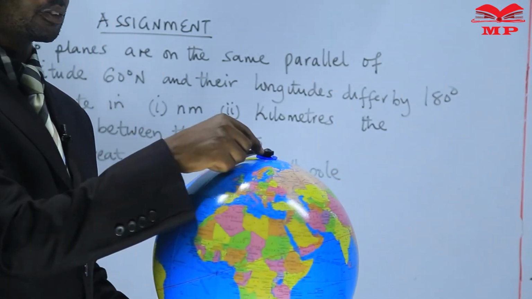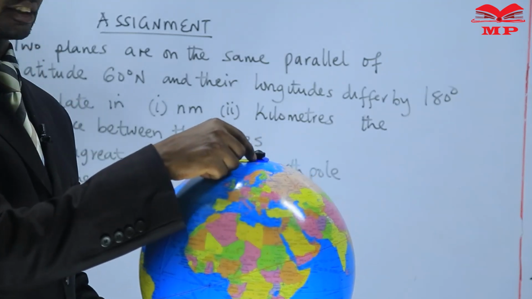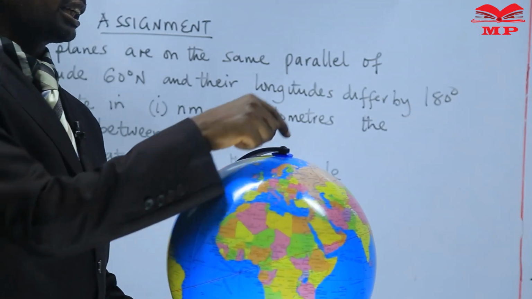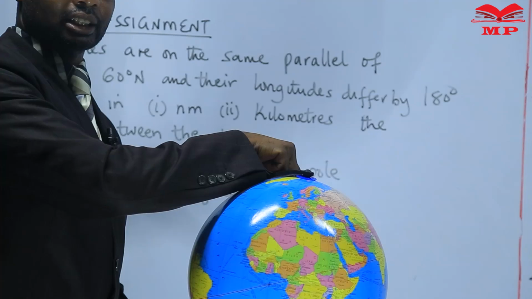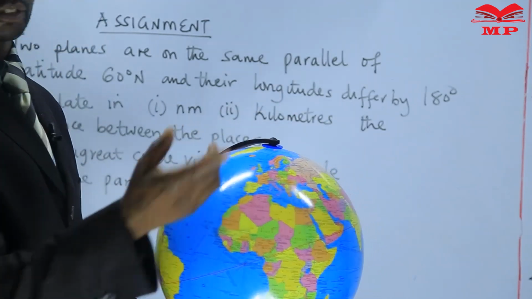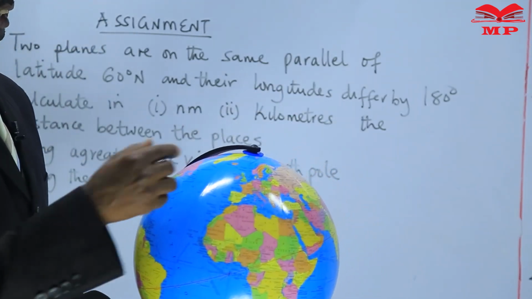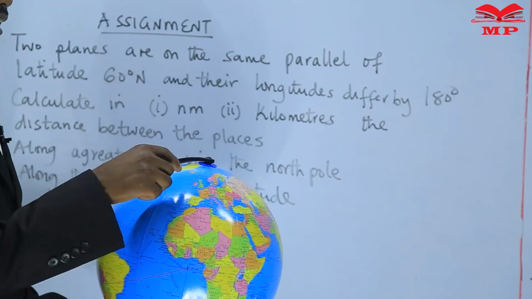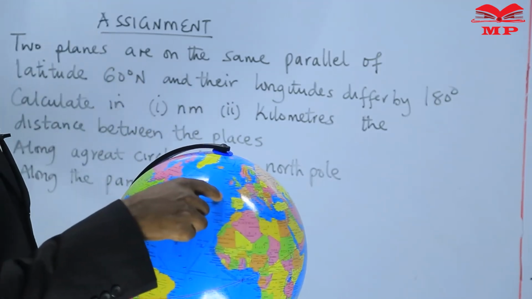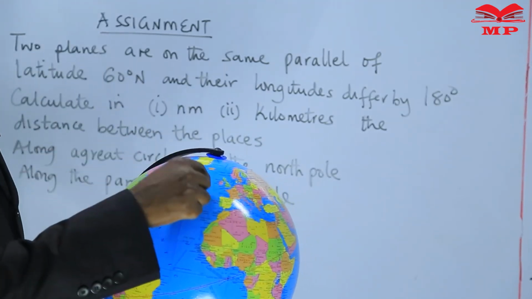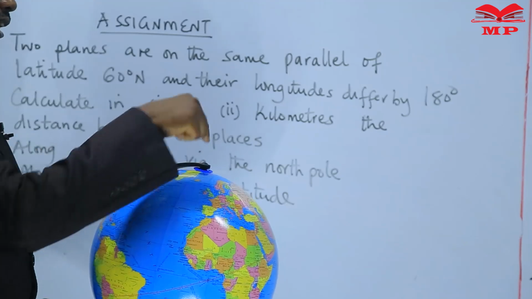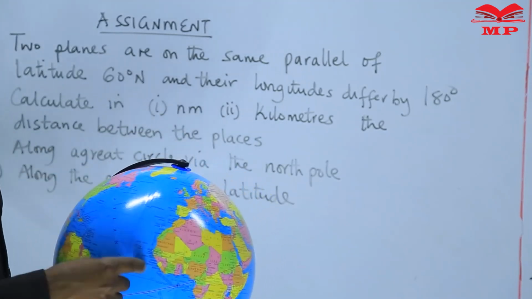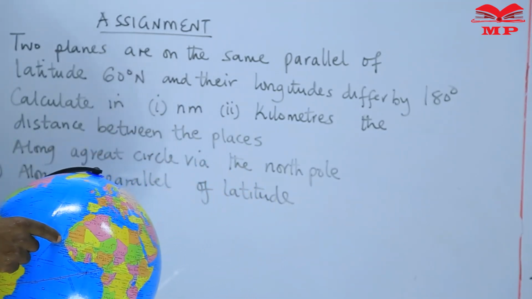So when you move up to there, the difference is 30 degrees. To move from 90 again to 60, to be directly opposite this place, you'll move through 30. So that will help you to get the latitude difference. The difference in latitude along the great circle via the North Pole.